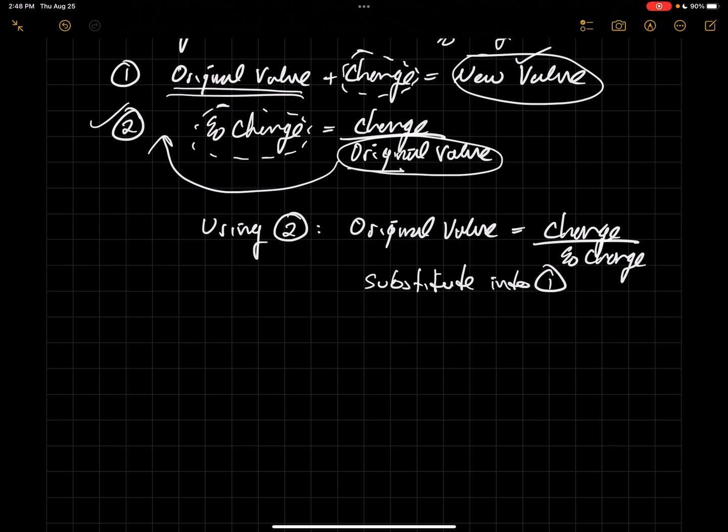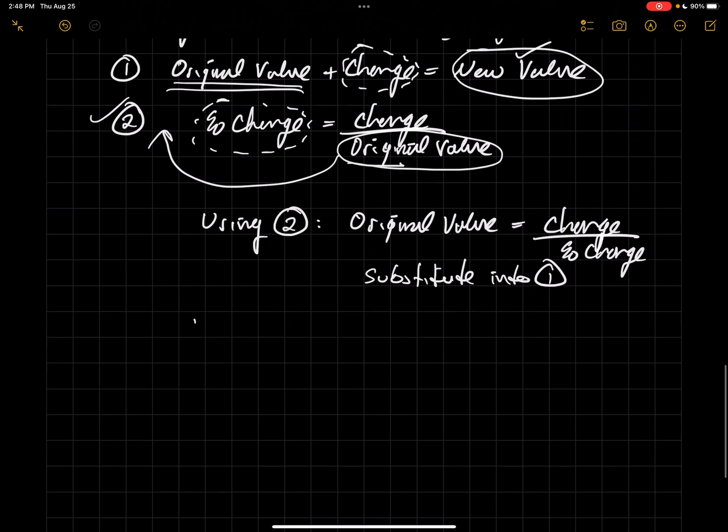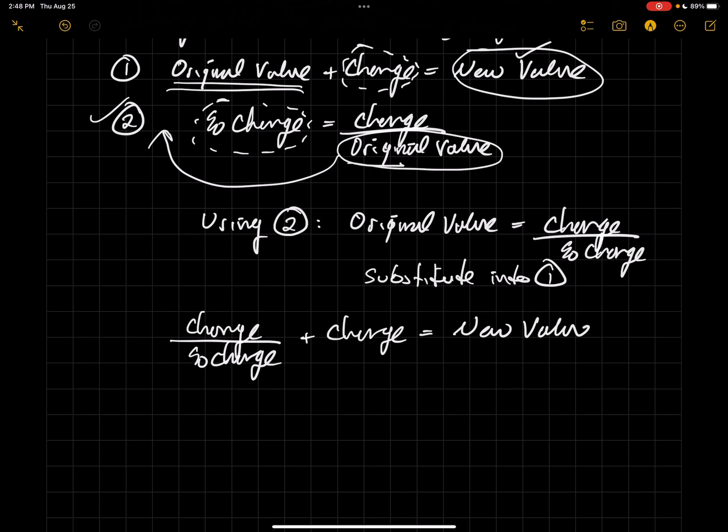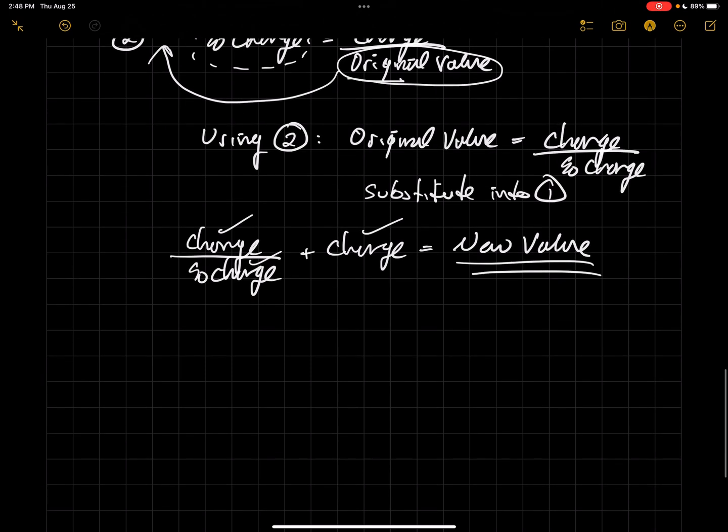And so original value is just change divided by percent change. That's the original value. Plus change is equal to new value. And so now I know my change, I know my percent change, so I can find my new value. So the change was 162.50.